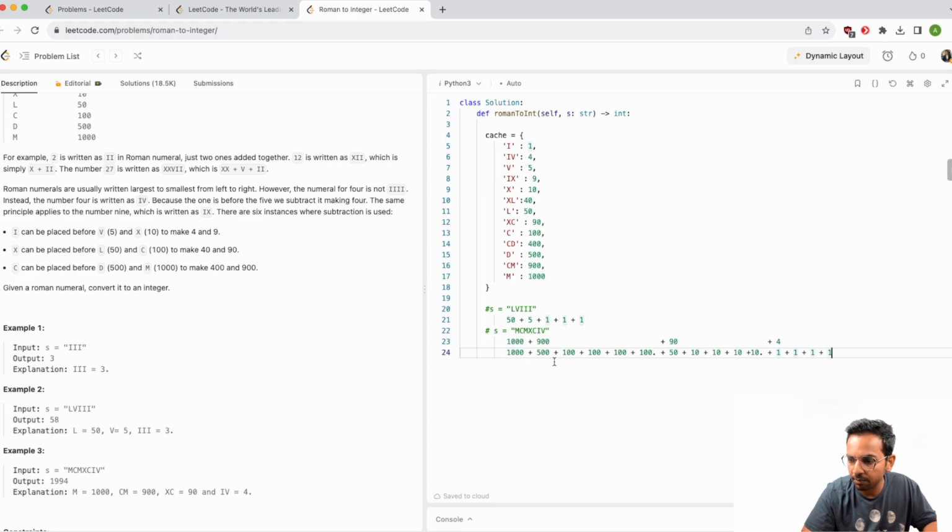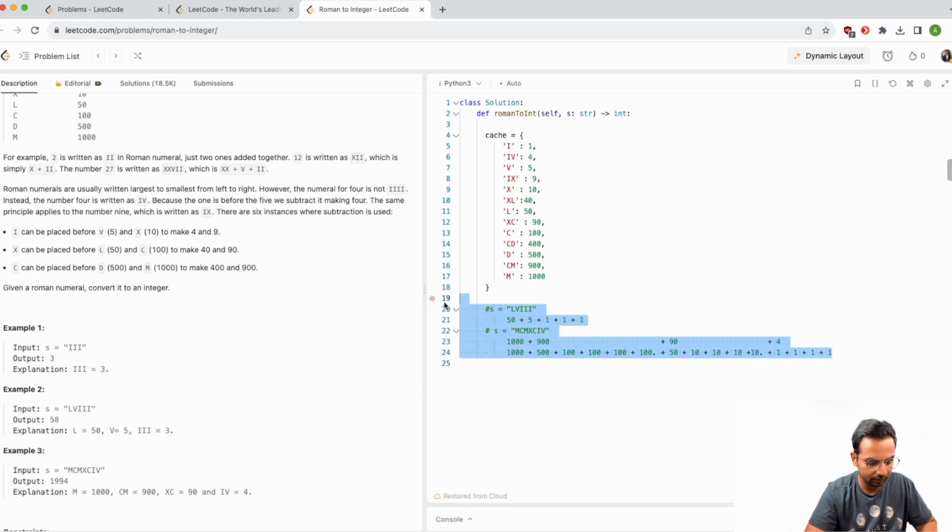Fair? So every 900 would be replaced by 500 plus hundreds, 90 would be represented with 50s and 10s, and each 4 would be represented by 1s. That's it.